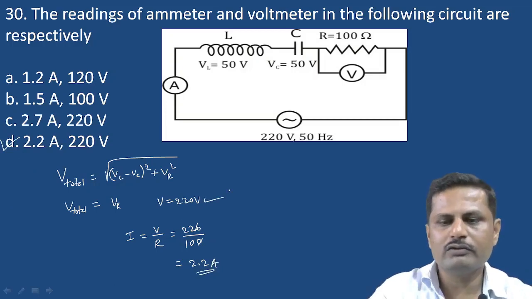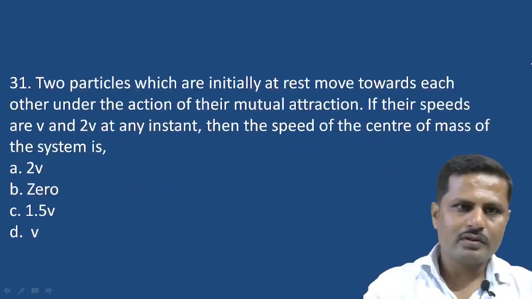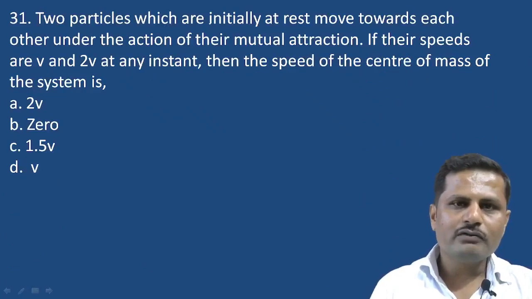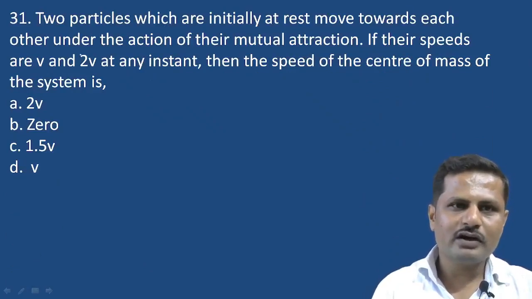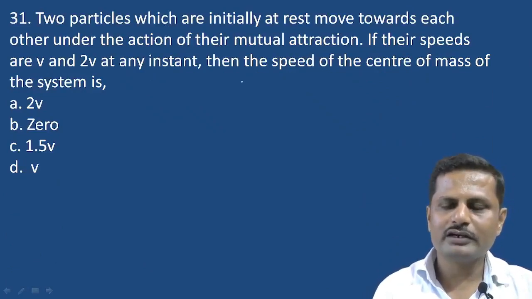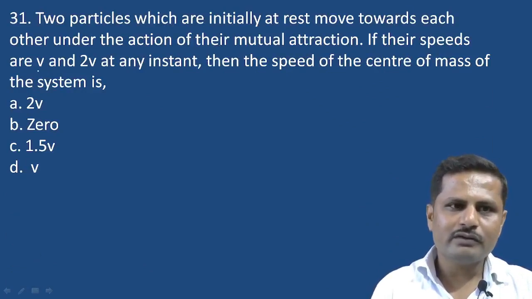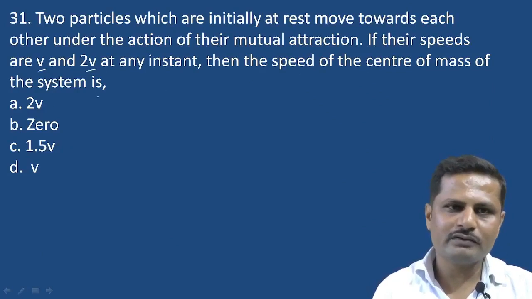Moving to the next question: two particles which are initially at rest move towards each other under the action of their mutual attraction. If their speeds are v and 2v at any instant, then the speed of the center of mass of the system is?